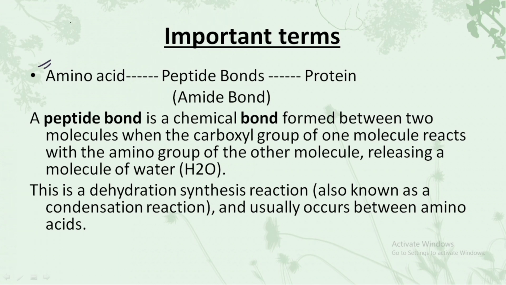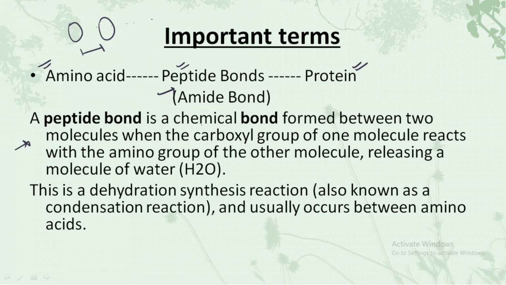So we have one amino acid and we have many other amino acids. Two amino acids are joined together with the help of a peptide bond, which is also given the name of amide bond, and many amino acids when joined together in a fashion are given the name of a protein. And what is a peptide bond?